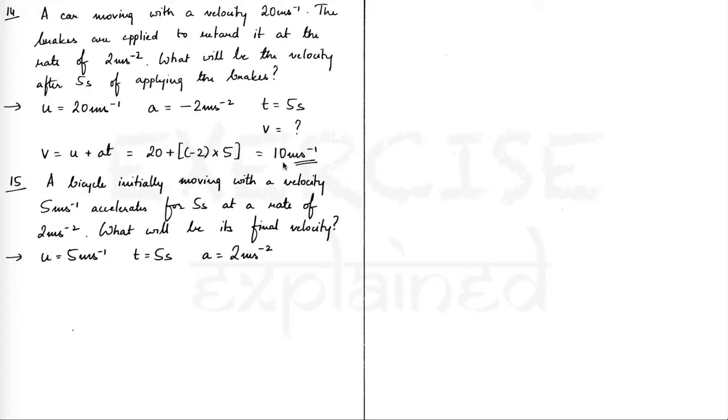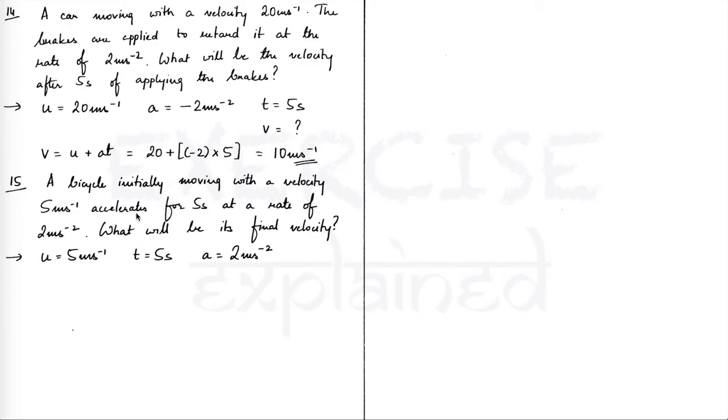Coming to question number 15 of exercise 2A, motion in one dimension, ICSE 9th. A bicycle initially moving with a velocity 5 meter per second. So this is given as initial velocity. Accelerates for 5 seconds.